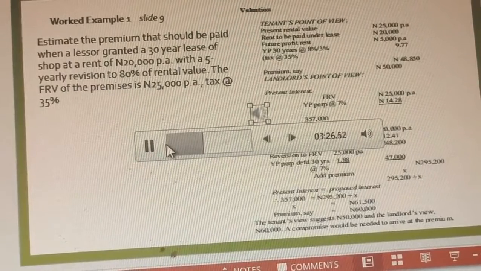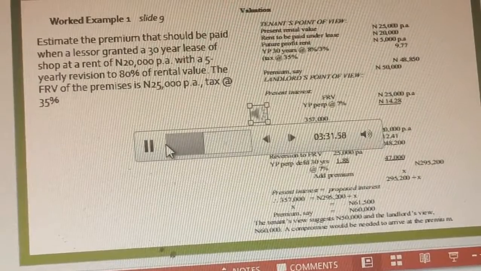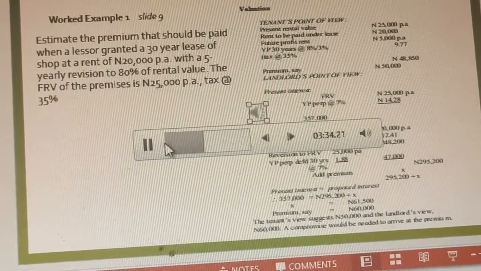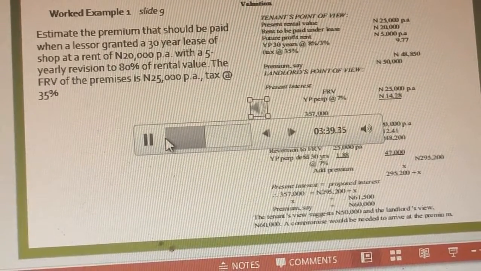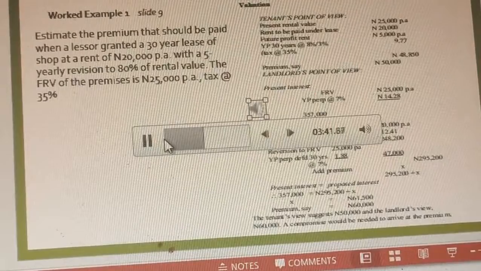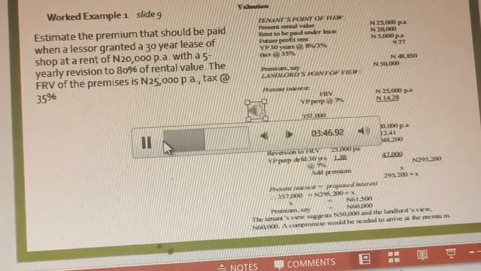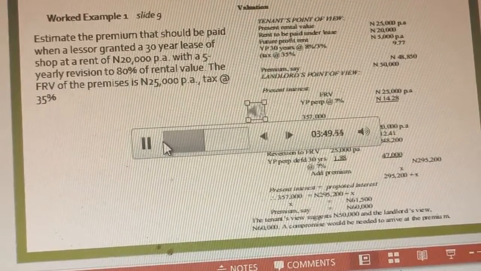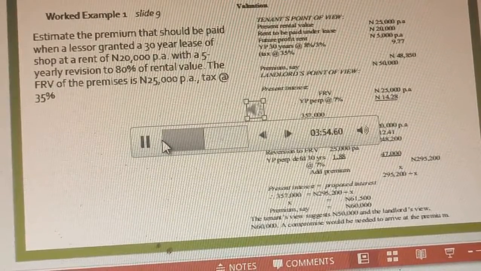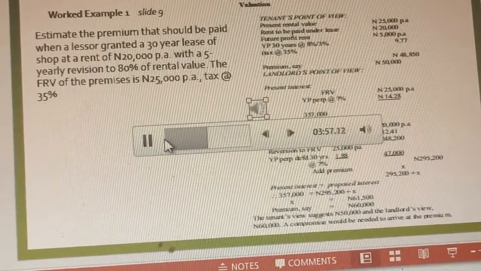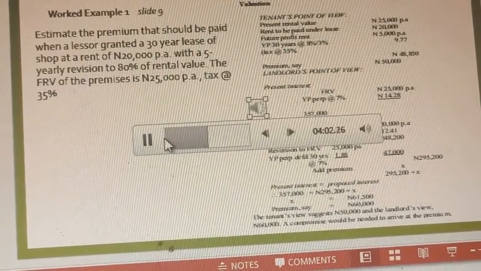Now from the landlord's point of view, the present interest of the landlord, without the premium, is supposed to take the rental value of 25,000 in perpetuity at 7%, if the market yield we're assuming is 7%, because the freeholder is supposed to take it in perpetuity.